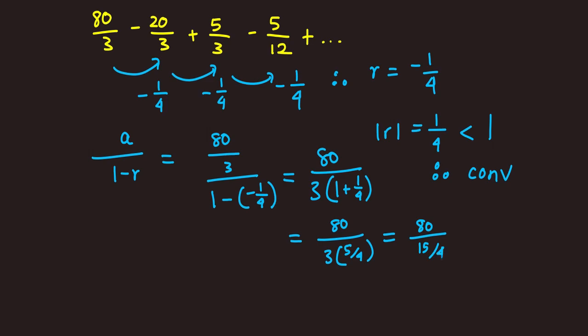It'll be 80 over 15 over 4, so it's going to be 320 over 15, and that's just 64 over 3.